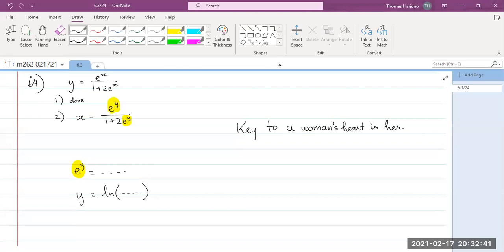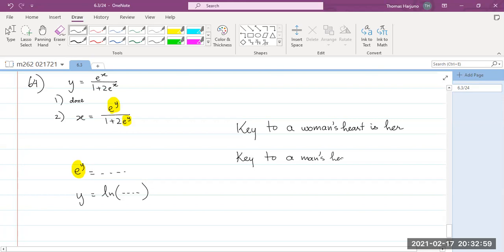Anybody can tell me? Food. No, that's for guys. The key to a man's heart is his mouth. So the key to a woman's heart is her ear.